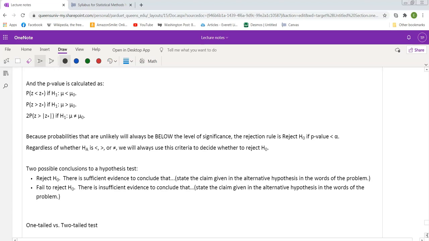I should mention here just a little bit of language. We refer to this alternative hypothesis, the not equal to situation, as two-tailed, for the reason I mentioned earlier, and we refer to these other two as one-tailed.